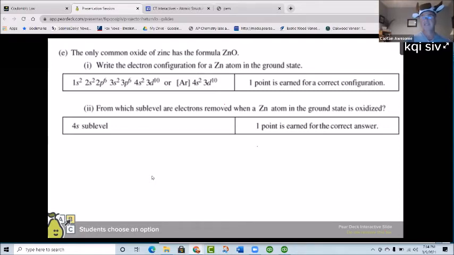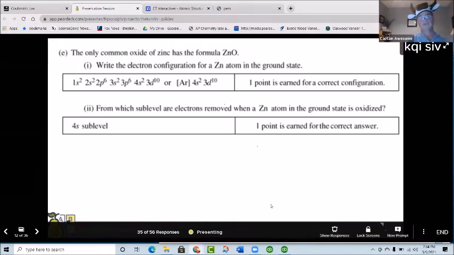So zinc takes on a charge of +2, and that's because it loses those two 4s electrons, right? So when we write an electron configuration, it's not just in order to write it for funsies, it's to tell us something about the atom, just like we can tell something about the number of neutrons in an isotope or the number of protons in the middle of the nucleus.